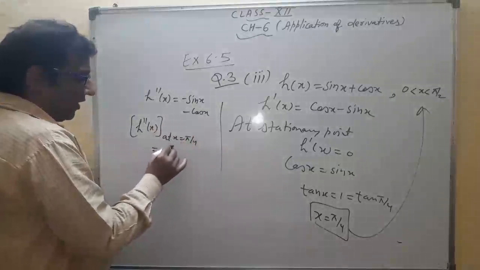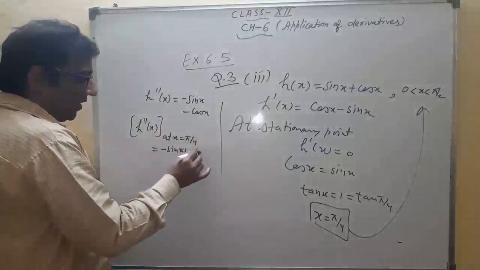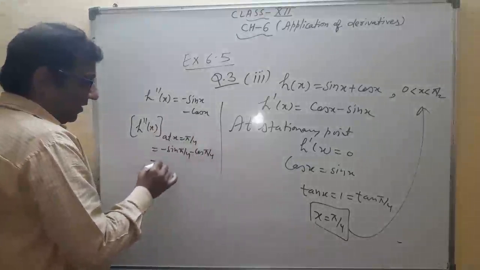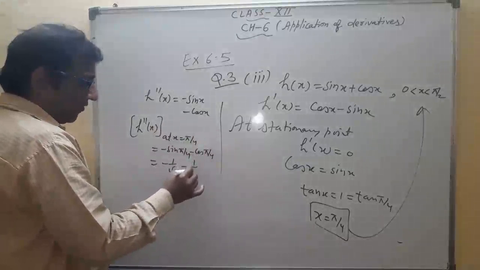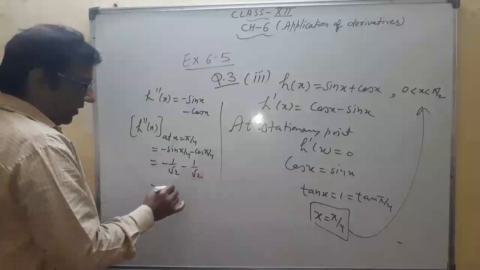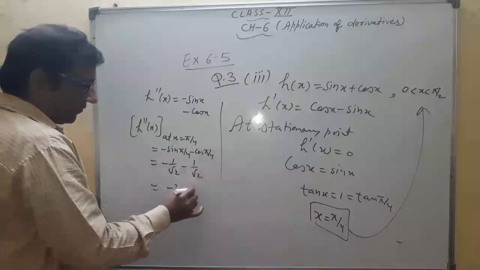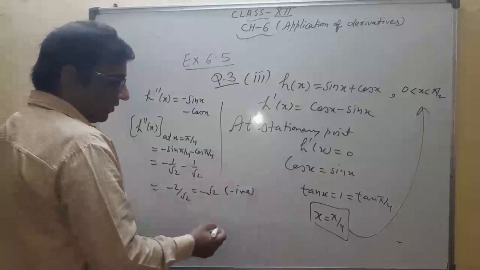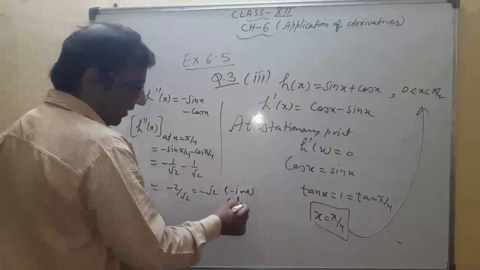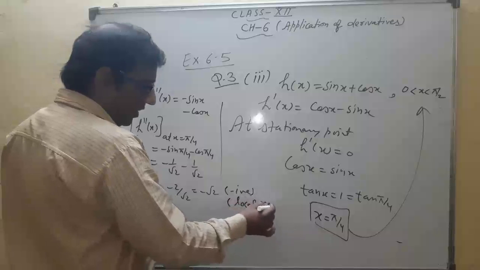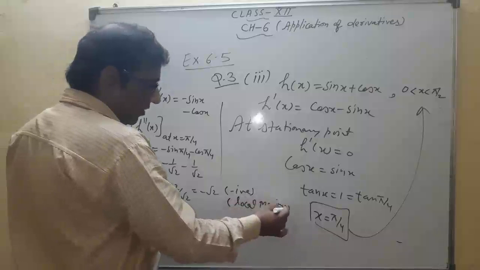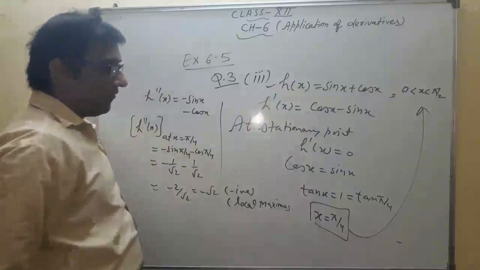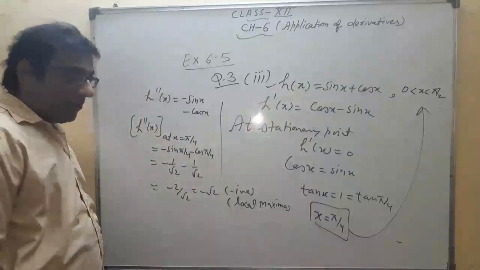So minus sin pi by 4 minus cos pi by 4 is minus 1 upon under root 2 minus 1 upon under root 2. So we will get minus 2 upon under root 2, that is minus under root 2. That is negative. So a negative value is there, that's why we can say it is local maxima. So for the given function, it is local maxima.